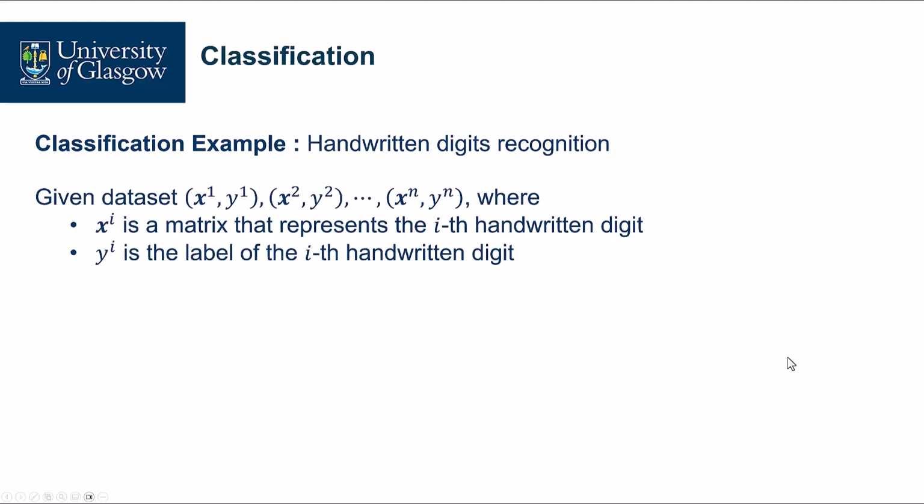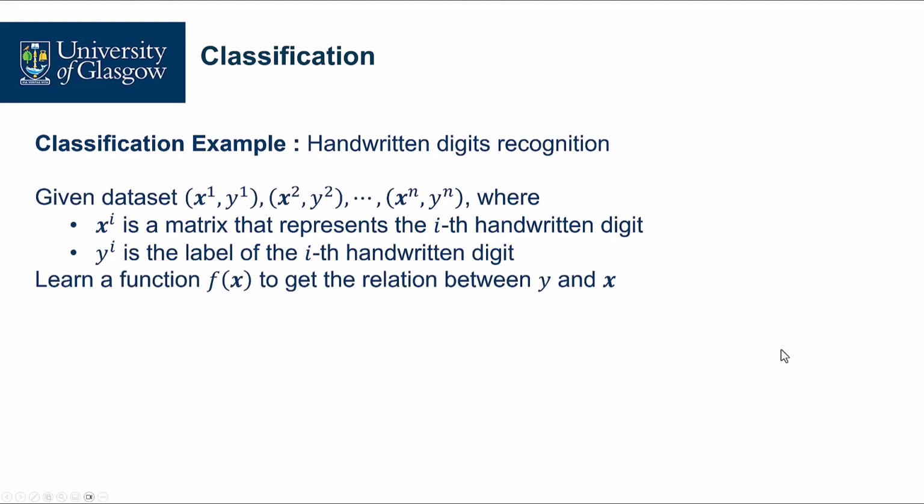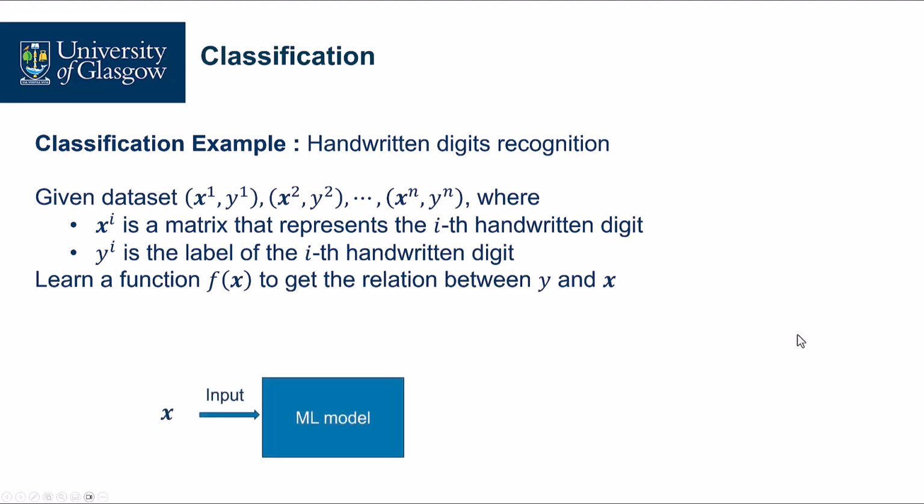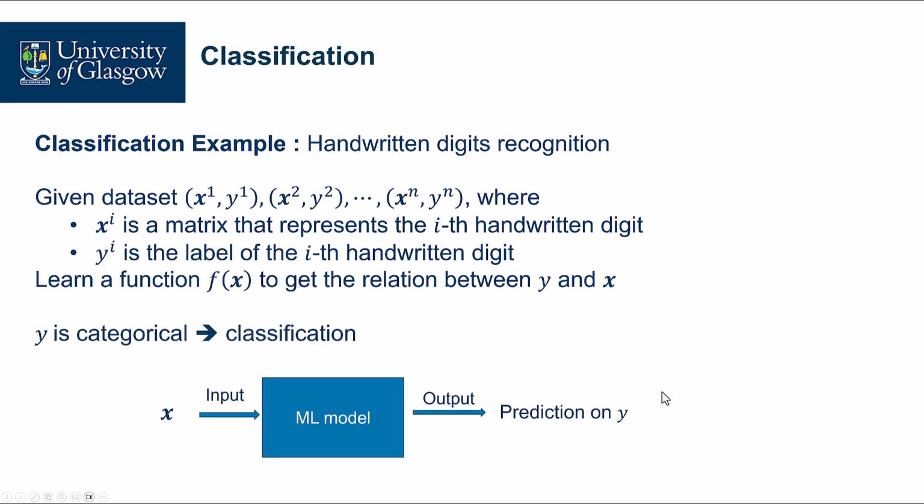Now we will learn a function f(x) to capture the relation between y and x. When this function f(x) is learned, we say it's a machine learning model. Then a new x is input to this machine learning model, and the output is a predicted y value. Because the y here is a categorical variable, we call this kind of problem classification.